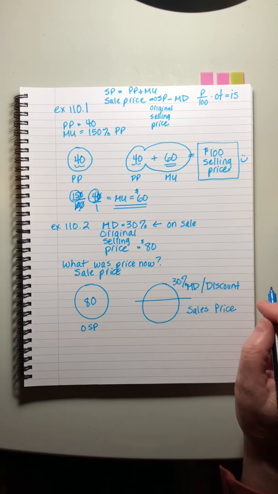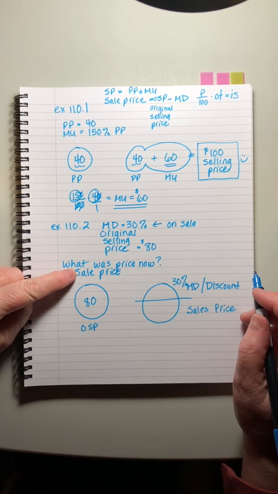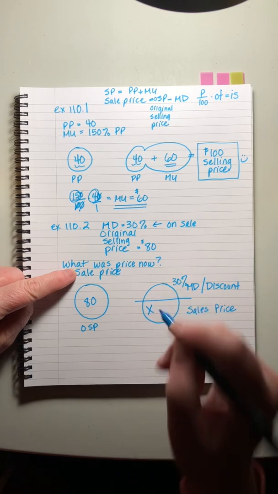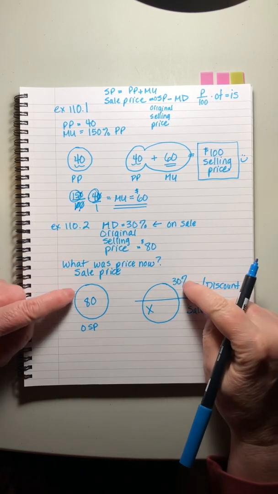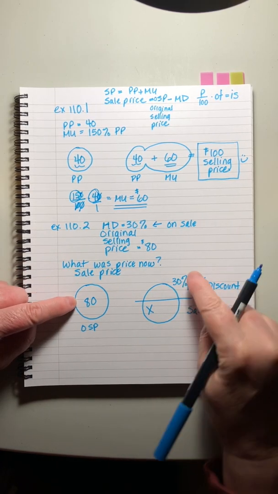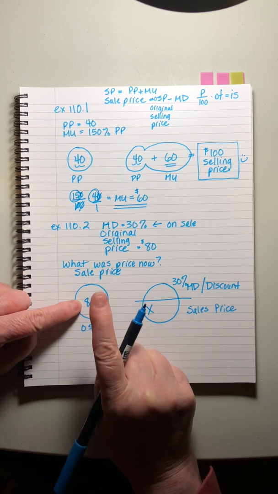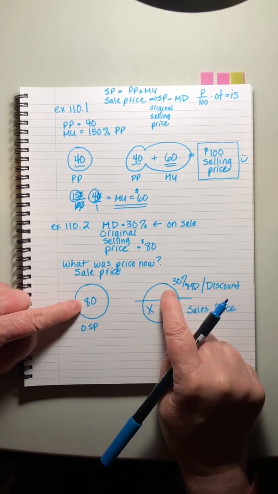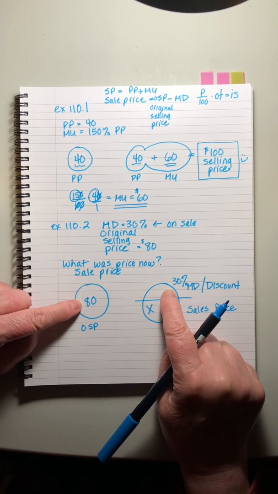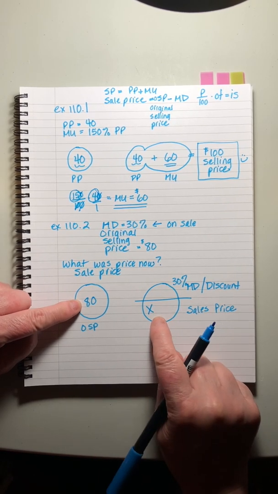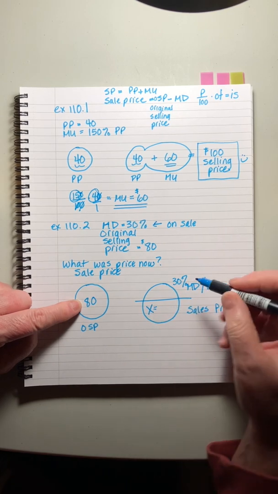Okay, now, we're supposed to find what was the price now. That goes here, all right? If we multiply the discounted percent times the original selling price, we'll get the amount of the discount. But what we want, and what you usually want in the store, is the sales price. So here is the trick.